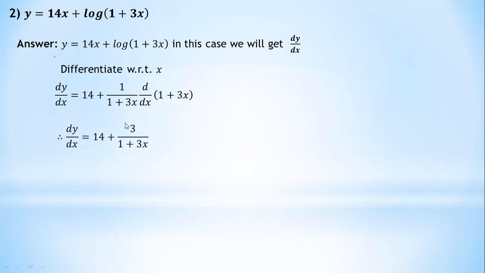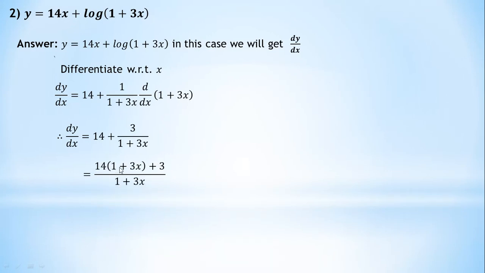Okay. Now dy by dx is equal to 14 plus, now what is the derivative of 1 plus 3x? Derivative of 1 is 0 plus derivative of 3x is 3. So you can write it as 3 upon 1 plus 3x. Okay, so the derivative is completed. Just cross multiply this.